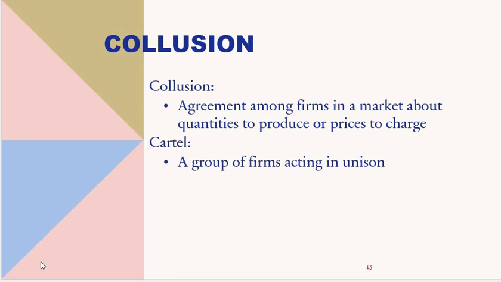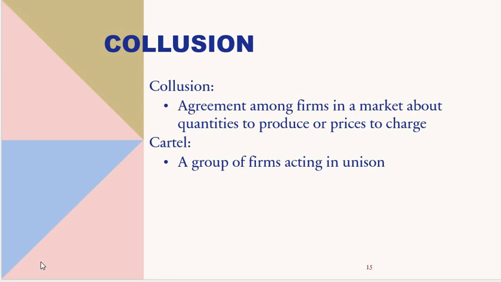Sometimes when they agree on something, like a temporary agreement, or between countries, regional trade agreements, things like that, we call it a collusion. Or sometimes a group of firms could get together and form a cartel. That definitely needs more trust within the group, and it usually won't hold for too long.